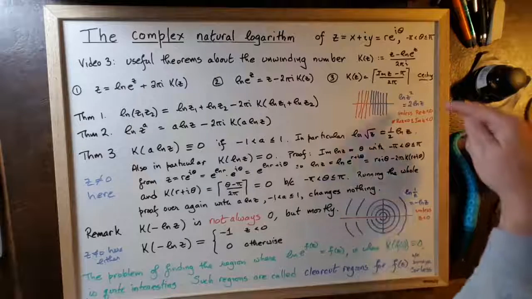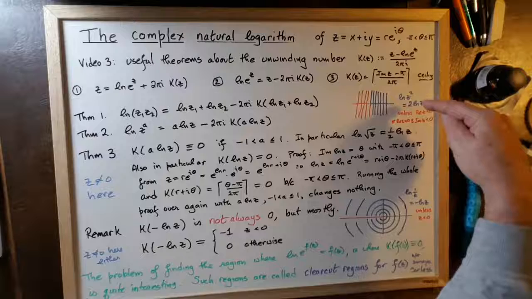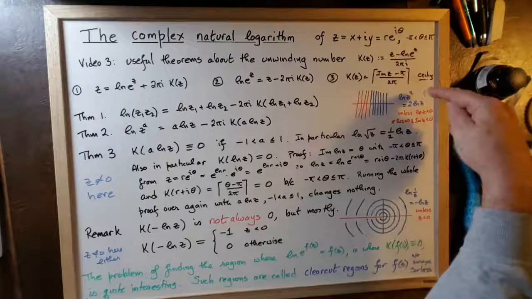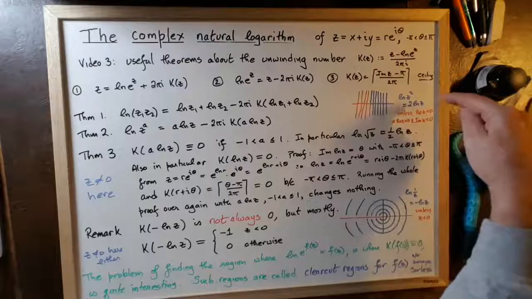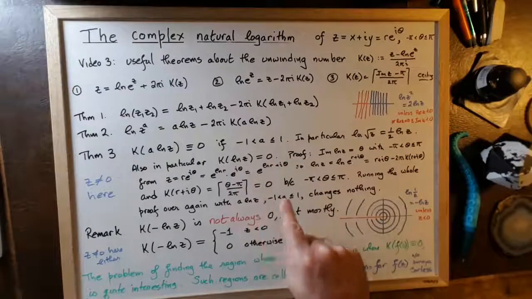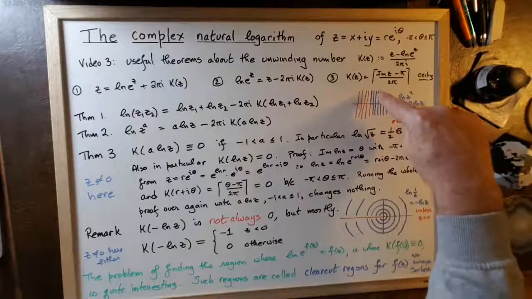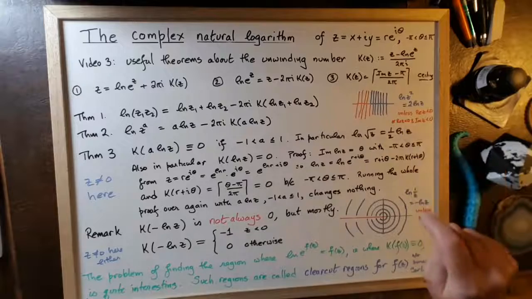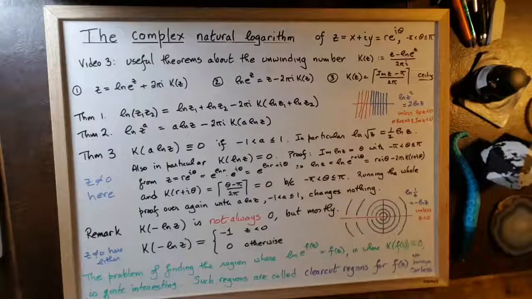So one other fun thing is that the log of z squared, well, that's log of e to the 2 log z. And so that's going to be 2 log z minus k of 2 log z. And 2 is not in this range. So where is that 0? It turns out that that's 0 everywhere in the right half plane and not 0 everywhere in the left half plane.